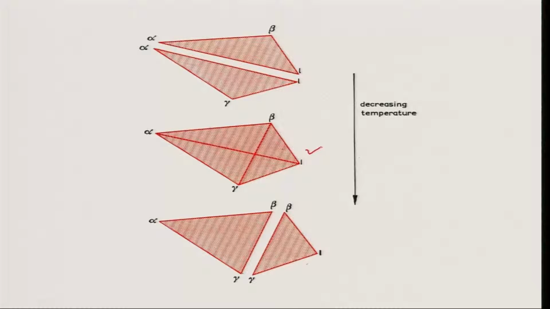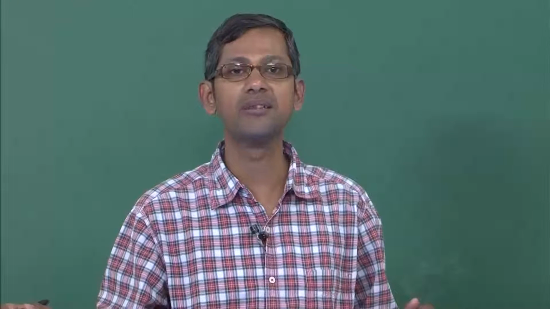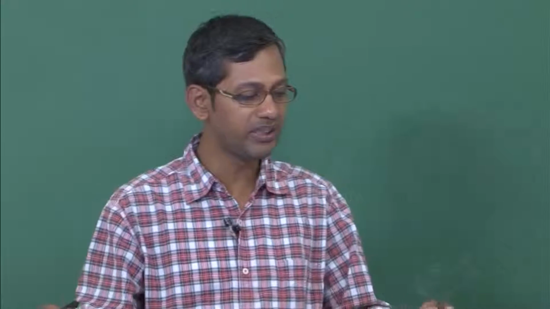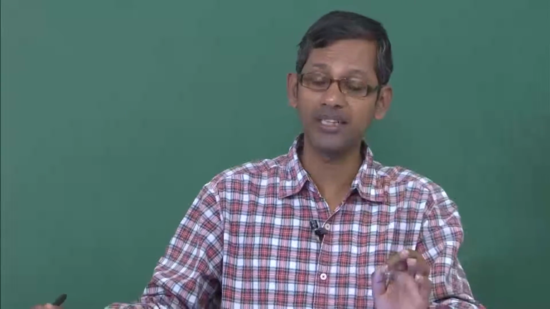One of them is alpha, beta and gamma, the other one is beta, alpha and gamma, correct. So, the important characteristic feature of such a quasi-peritectic 4 phase equilibria is that there have to be 2 monovariant reactions which precede the invariant reaction. That is the most important criterion.